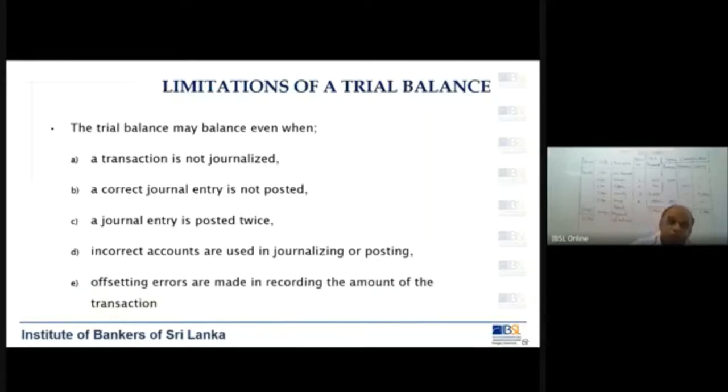There could be offsetting errors, where one particular debit is posted instead of another credit. That also can cause an error in your trial balance. But still, the trial balance will balance even when all these errors are present.